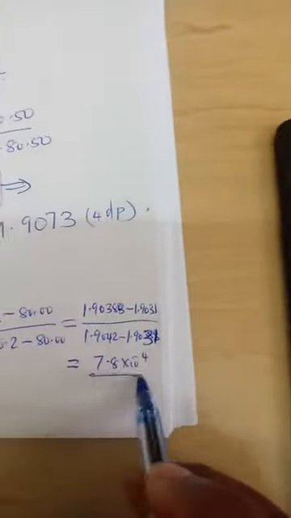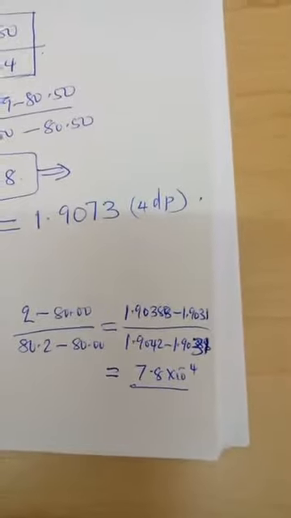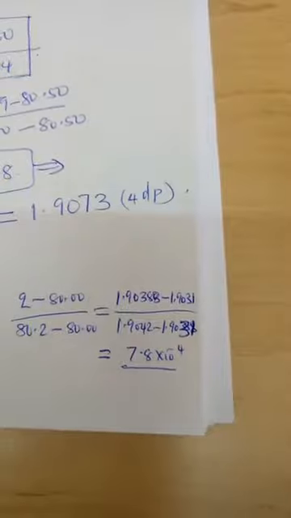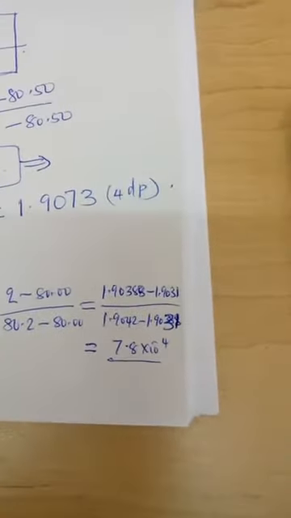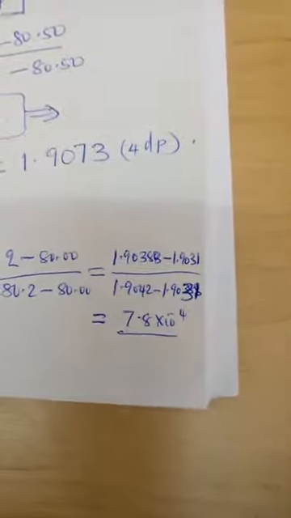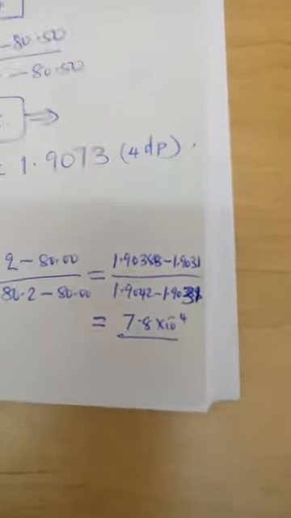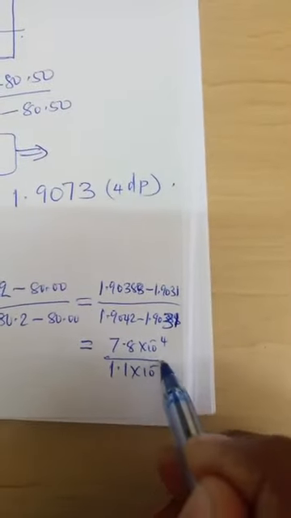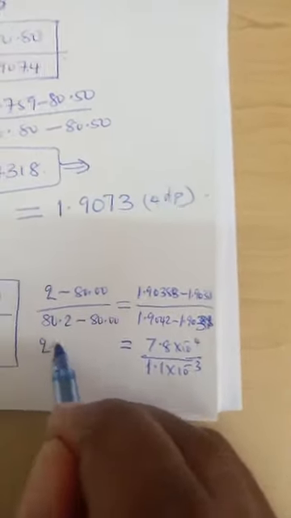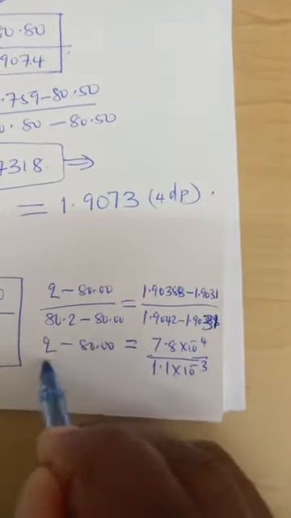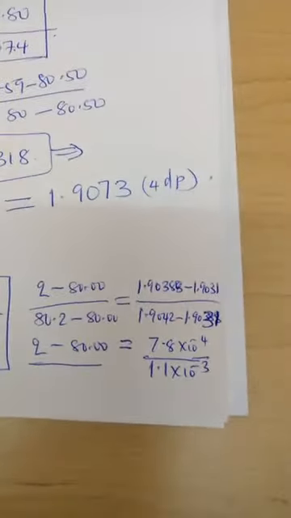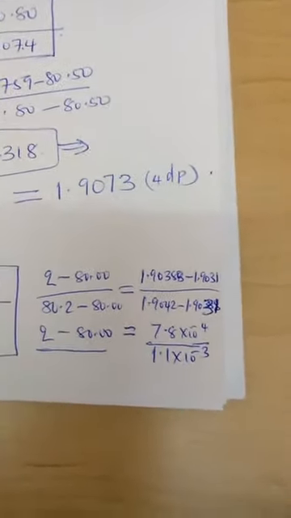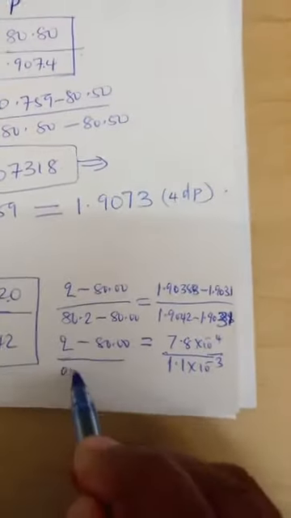I am dividing this by 1.9042 minus 1.9031. This gives us 1.1 times 10 to the negative 3. And this is Q minus 80.00 over, I have 80.2, I'm taking away 80, and this gives us 0.2 here.